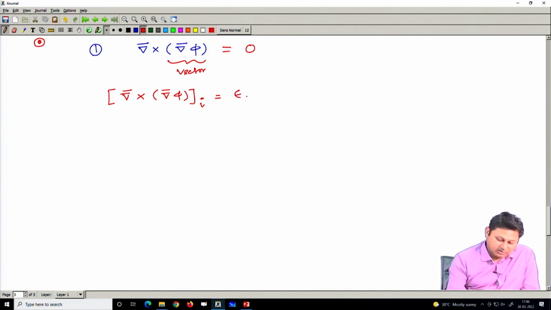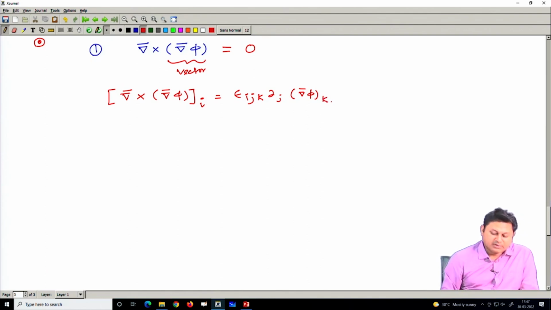It is epsilon i j k and then del j, and whatever we have here, the kth component I should write. That is the way, and this is the derivative with respect to j.